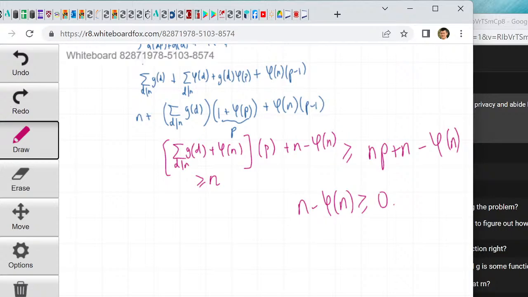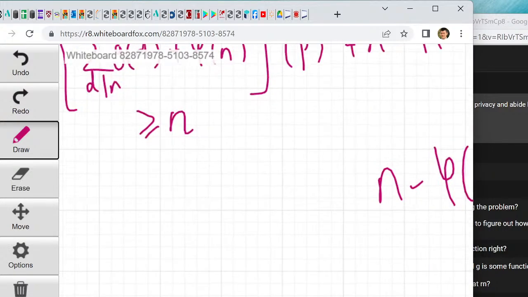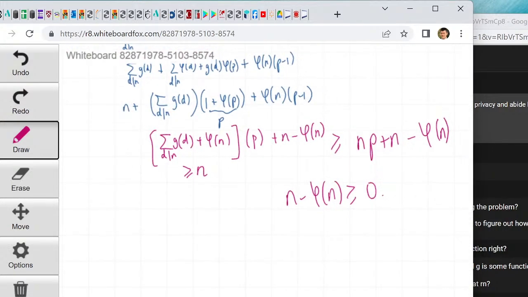Okay, that pretty much solves the problem. Let's see what happens if you add a prime that's already there.